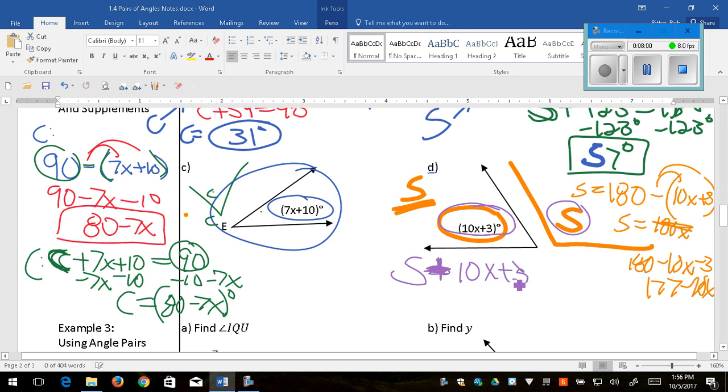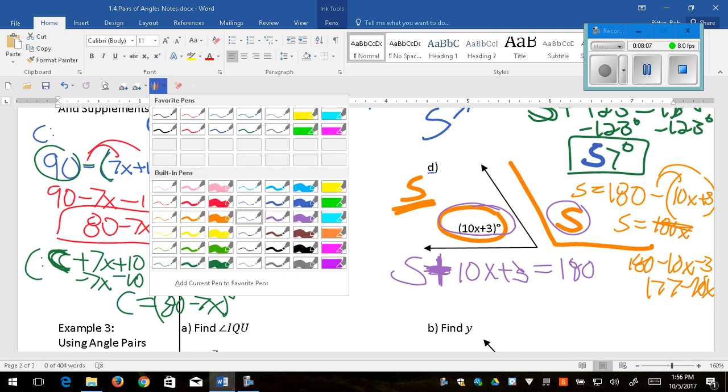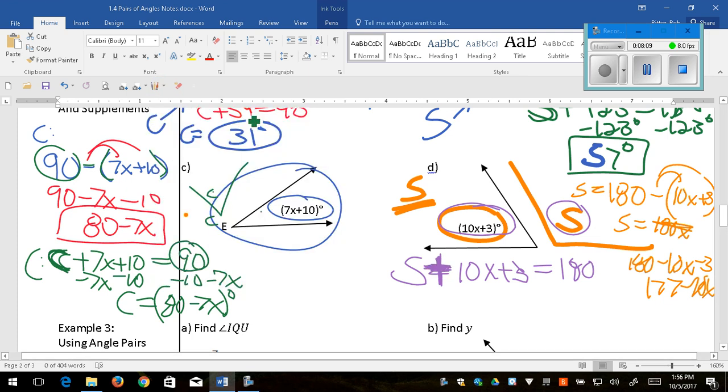Well, supplementary angles are supposed to add to 180 degrees. Now I don't have to think about distributing the negative or putting it in parentheses to make sure I take care of the whole thing. I can just subtract 3, giving me my 177, and subtract the 10x, and get that the expression for the supplement is 177 minus 10x. And because it's an angle, degrees.